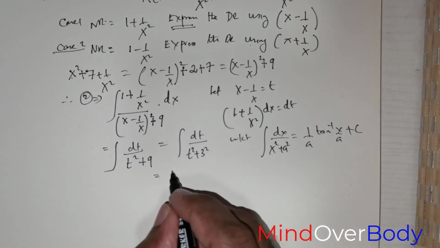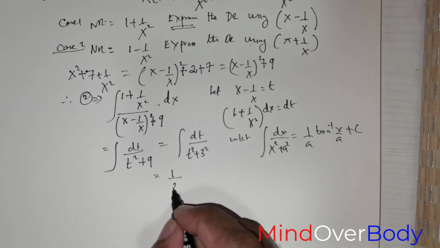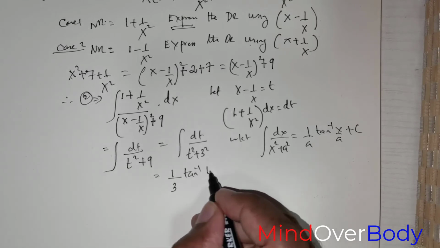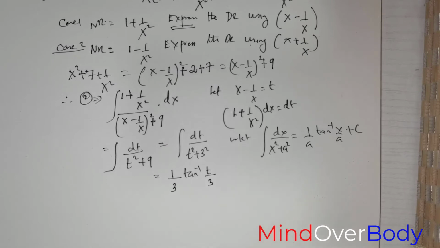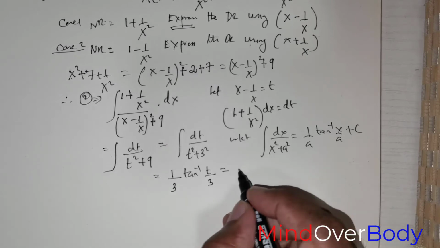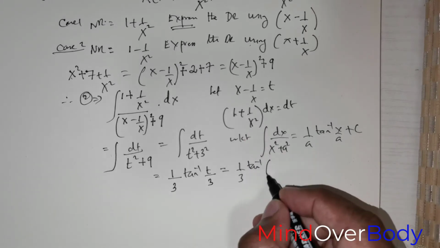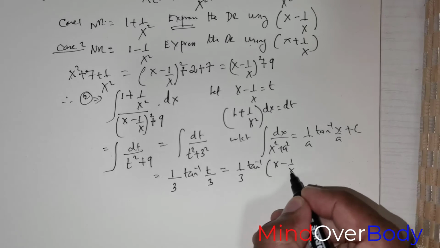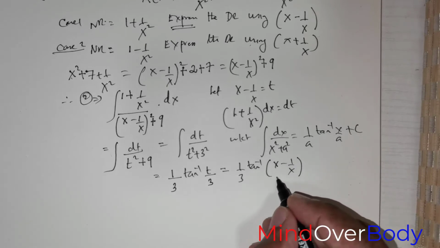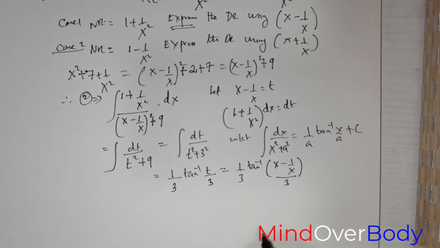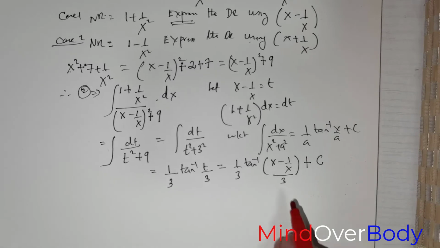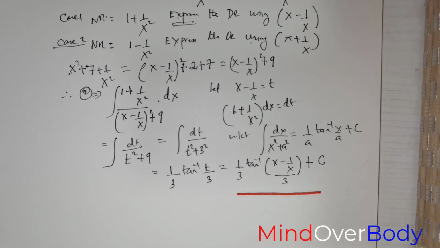So by this formula, this is 1 over 3 tan inverse of x over a, which is nothing but 1 over 3 times tan inverse of, my t is this quantity, x minus 1 over x, and this has to be divided by 3, and that has to be added with an arbitrary constant c. So this is our solution, and it's a good place for us to draw the red line.